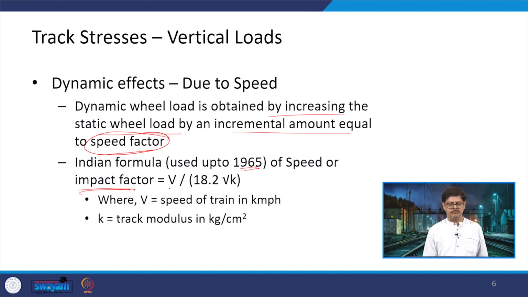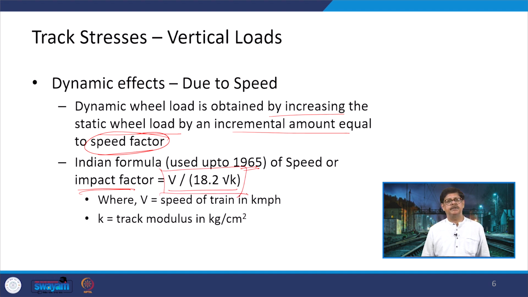It was a formula like V divided by 18.2 under root of k, where V is the speed of the train in kilometers per hour and k is the track modulus in kg per centimeter square. And that was basically for unit deflection. So, in that sense it can be kg per centimeter square per centimeter of the deflection.